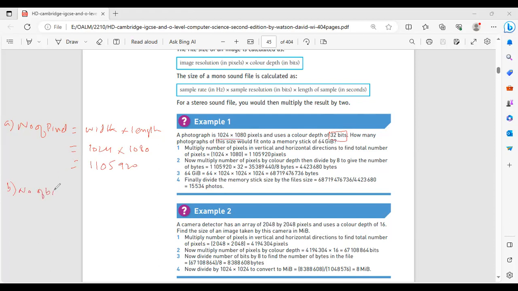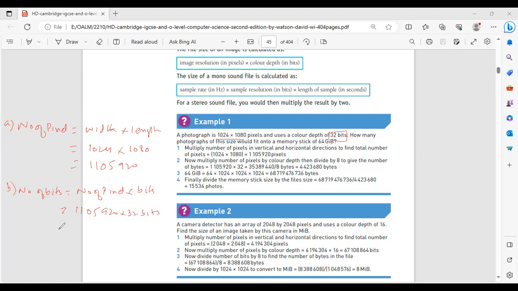Number of bits. The formula I have already shown you: number of pixels, which we have calculated in step A, multiplied by bits. Now the number of pixels is 1105920 multiplied by 32 bits.